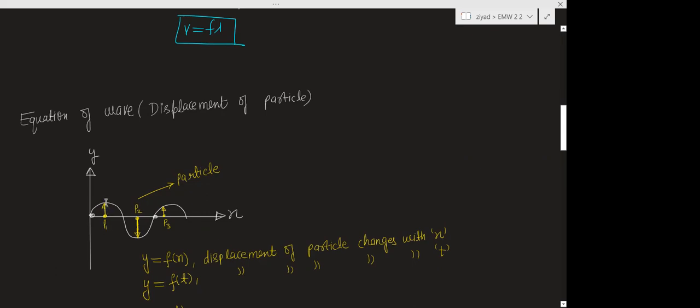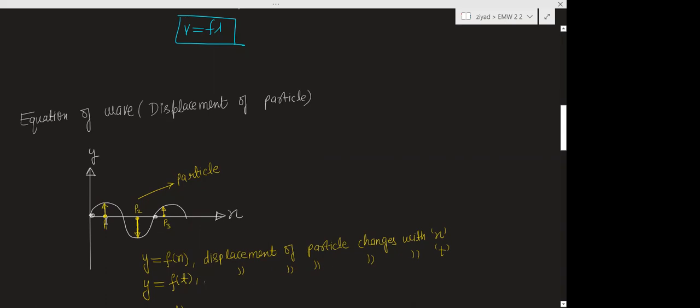Here is another particle which is also oscillating in the y direction. But see here, the displacement of the particle is this, and here the displacement of the particle is this. It means at different points, the displacement of different particles will be different. So the displacement of the particle will be a function of x. And with time also, as the time is changing, the displacement of the particle is changing.